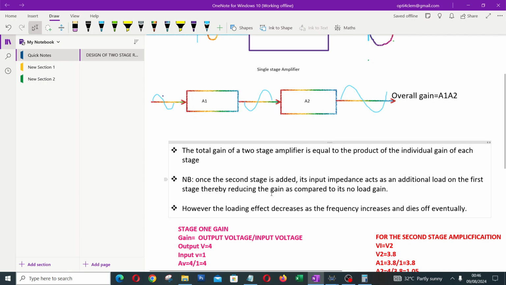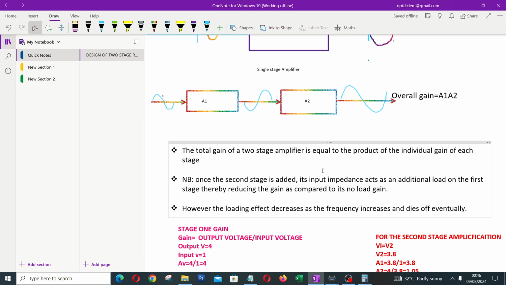So once the second stage is added, its input impedance becomes an additional load to the first transistor amplifier, thereby reducing the gain as compared to its no-load gain. That is, when you have a single stage amplifier separated and you measure the gain, the gain could be, let's say, 4, for example.